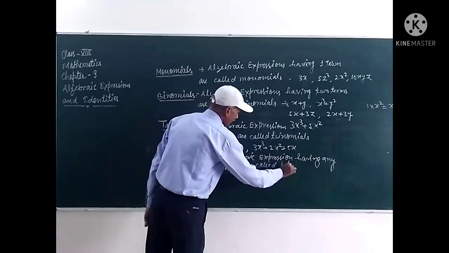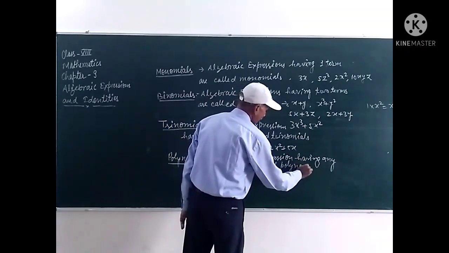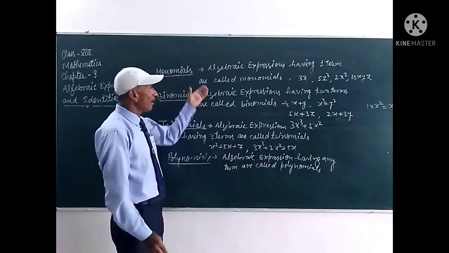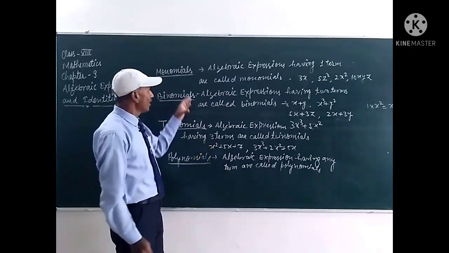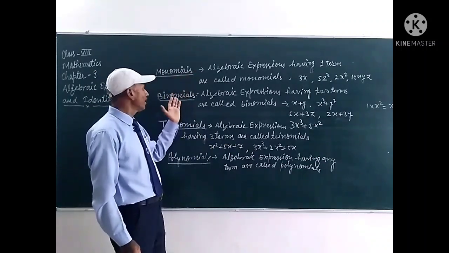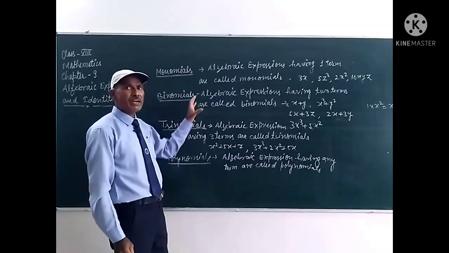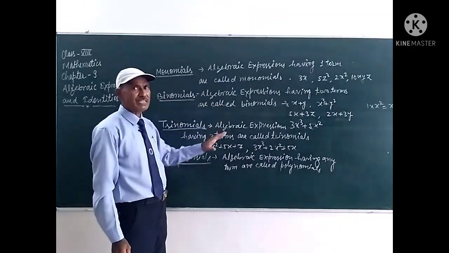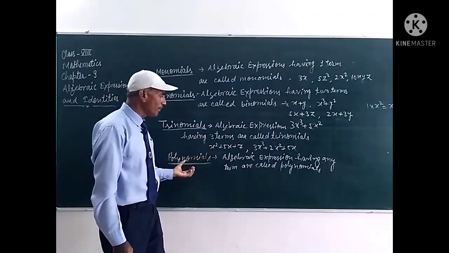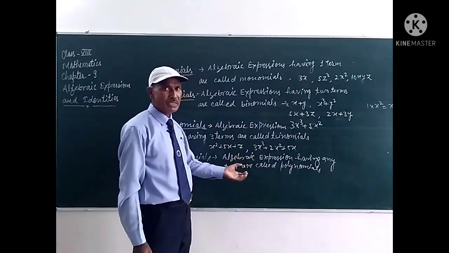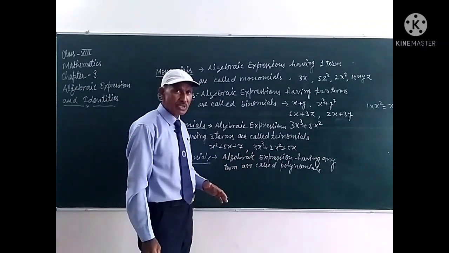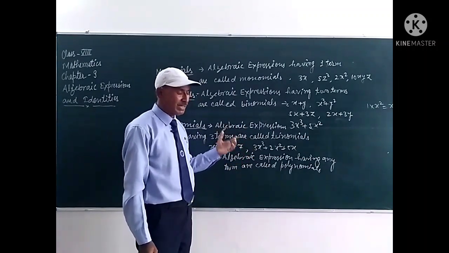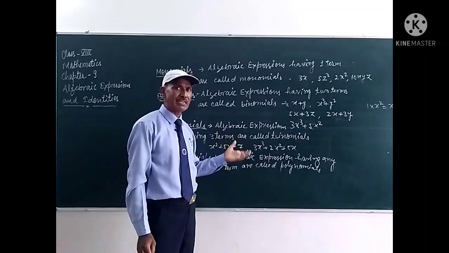Remember, student, all these are polynomials. There are some special names, monomials, binomials, trinomials, according to their terms. But we can say all algebraic expressions are polynomials. So polynomial means algebraic expression, and it may have 1 term, 2 terms, 3 terms or more than 3 terms.